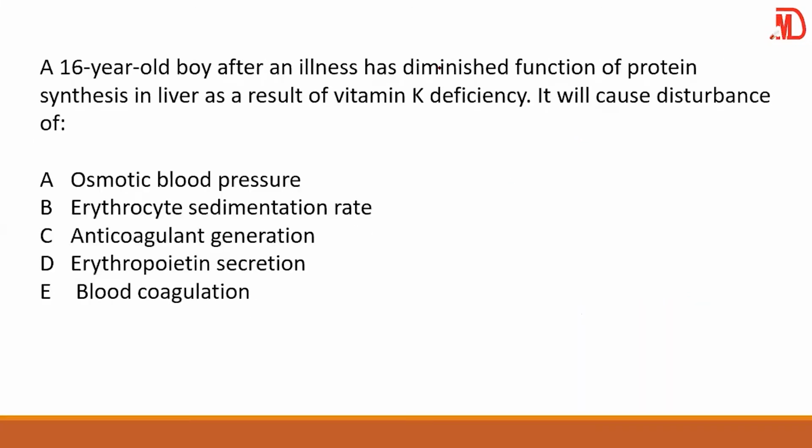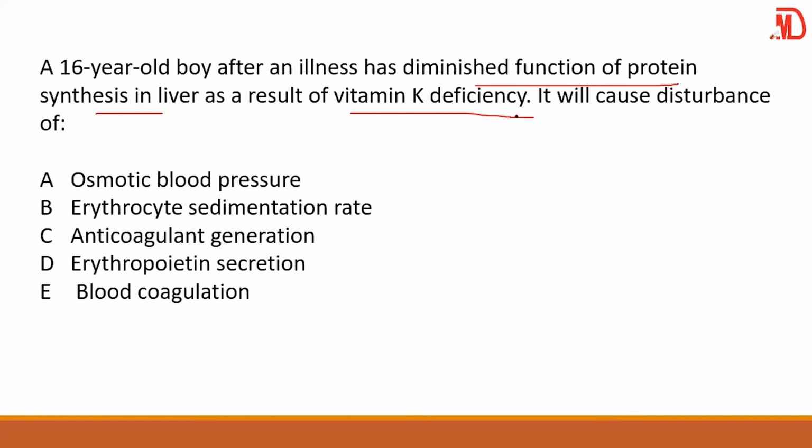A 16-year-old boy after an illness has diminished function of protein synthesis as a result of vitamin K deficiency. Again, vitamin K is involved in what? Of course, coagulation. Vitamin K is involved in coagulation, and it enhances what we call gamma carboxylation of clotting factors.